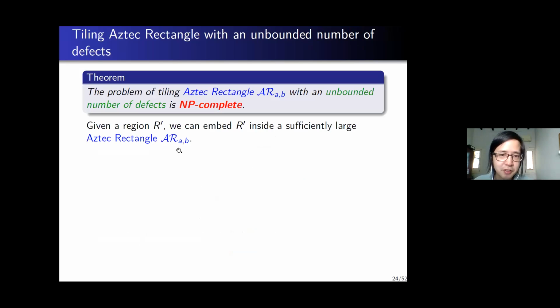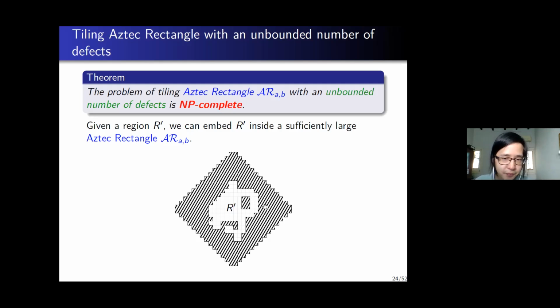This is because we can construct an arbitrary region R prime in a sufficiently large AZTEC rectangle like this. We just set as the defect cell all the cells outside of the region R prime.